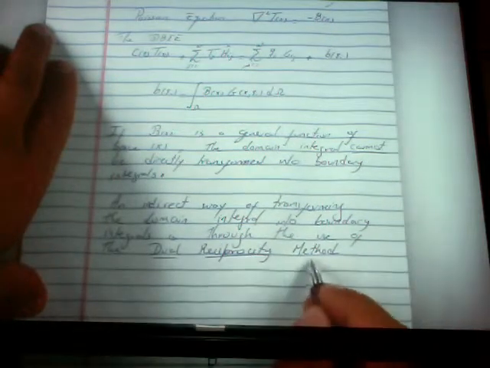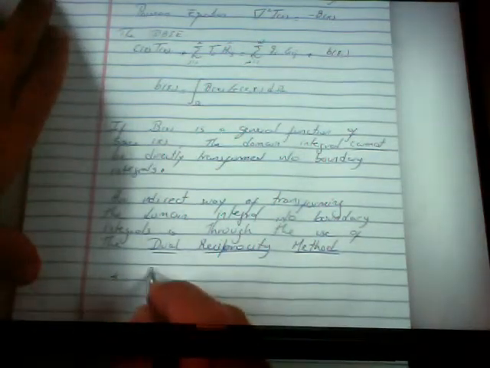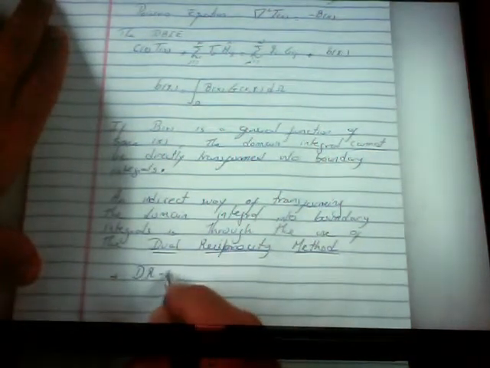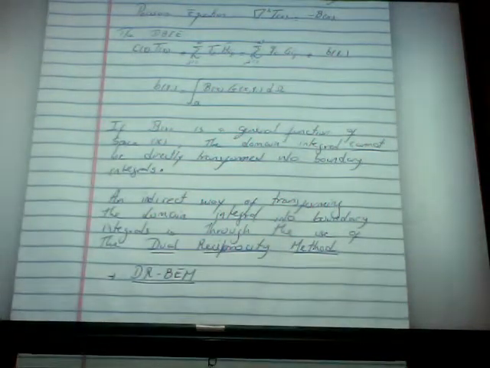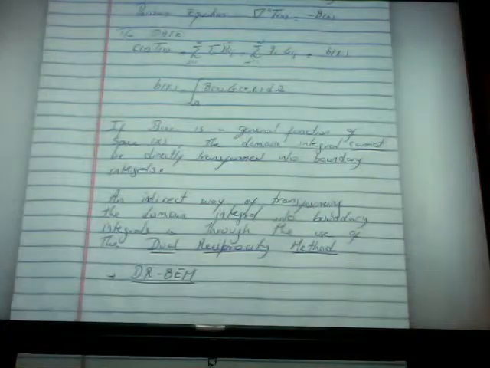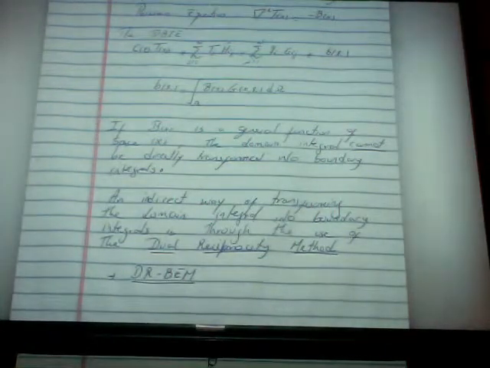Dual reciprocity method. We call this now the dual reciprocity BEM, boundary element method. It was originally formulated to deal with that right-hand side function, but it was later generalized for other things.